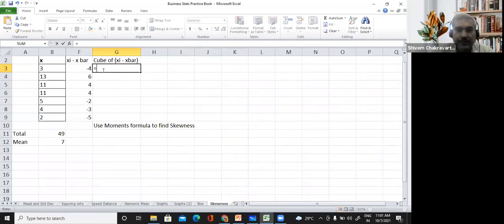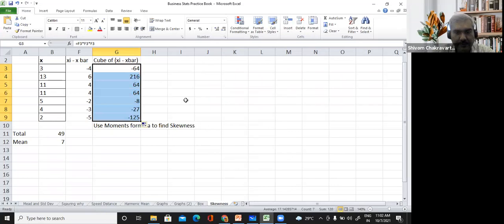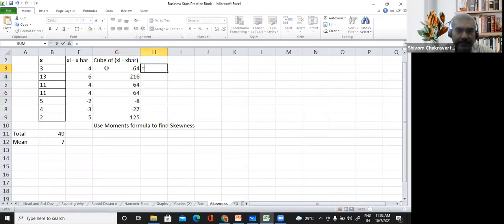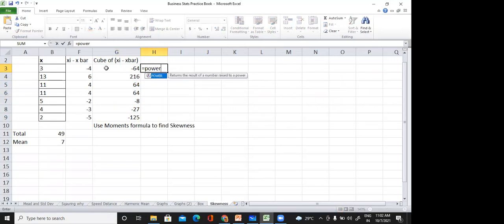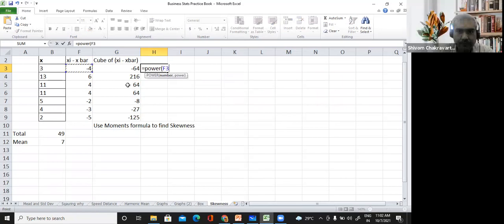So this will be the cube. You can simply multiply the same number three times. You will get the same thing if you use the power function: the number you want to raise and the power.